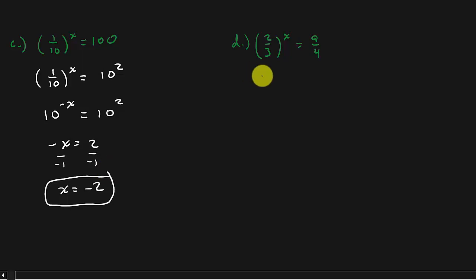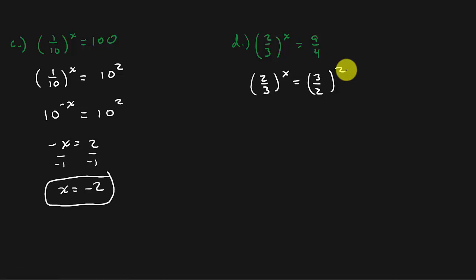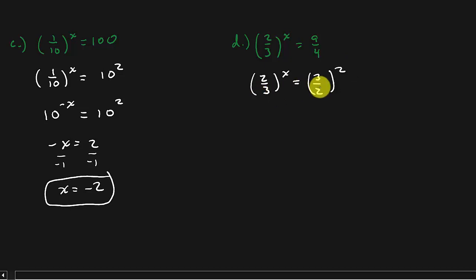What about this one? Well, this is what? 2/3 to the x. Well, can I simplify 9/4? Well, yeah, that's what? 3/2 squared. Okay. Well, my bases, they're still not the same, but I do notice that they're reciprocals of each other. So I could write this as 2/3 to the x equals 2/3 to the what?